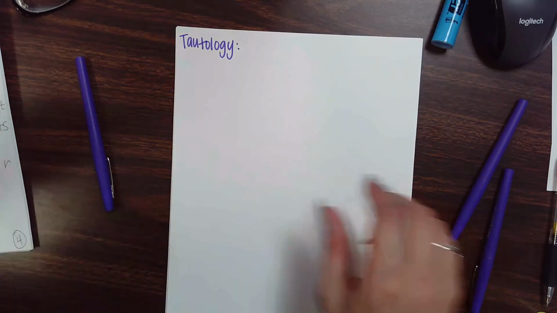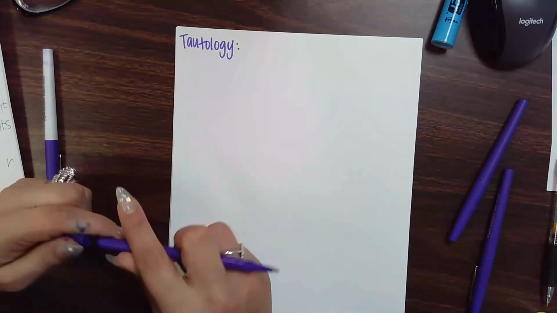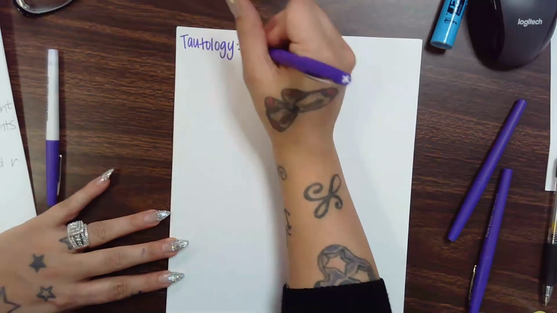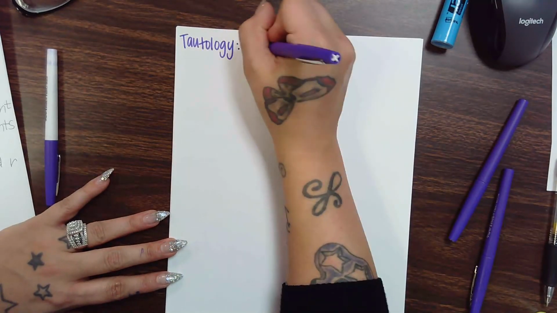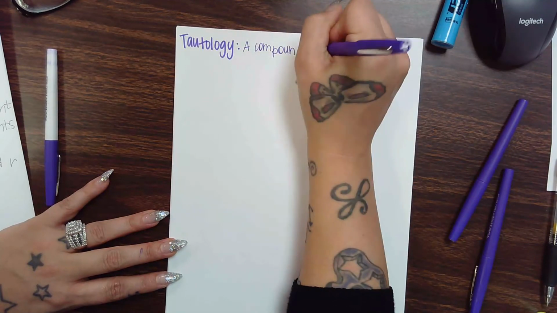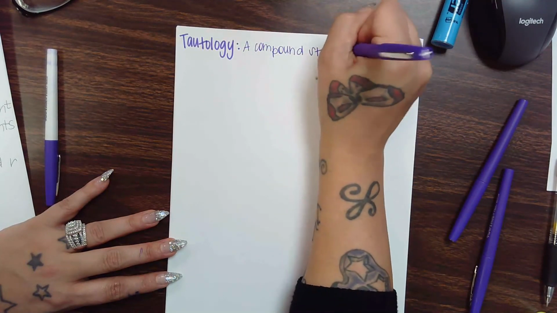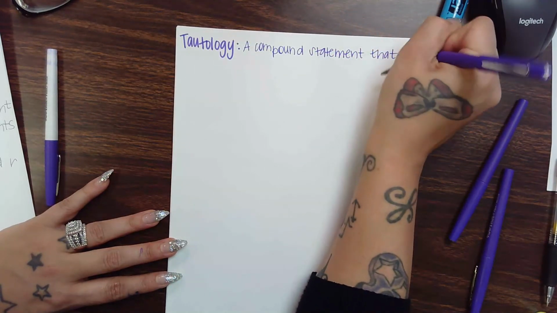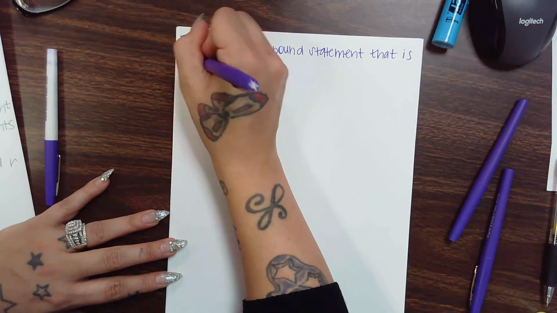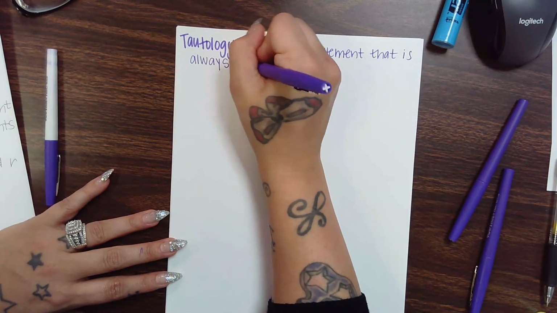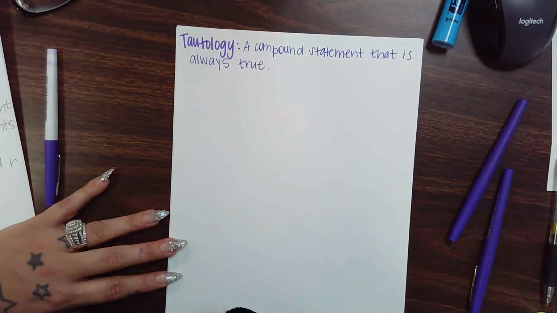And the actual definition is pretty much the exact same with like 2 words changed. So a tautology is a compound statement that is always true. All truth values in the answer column are true.